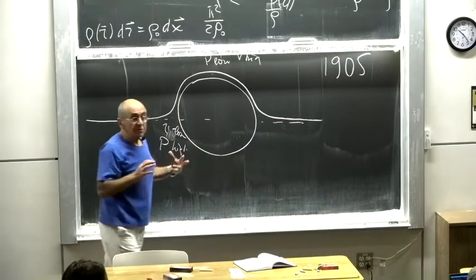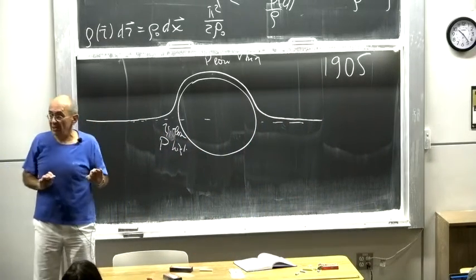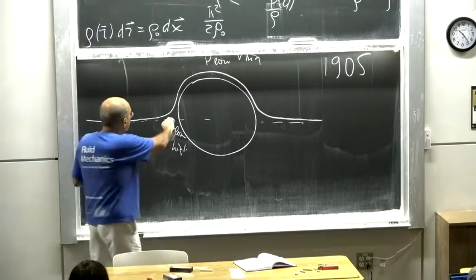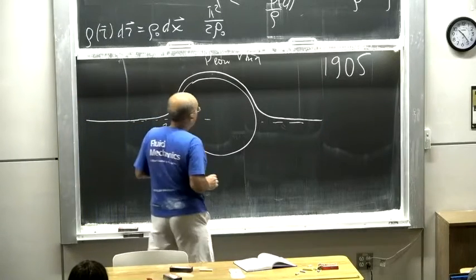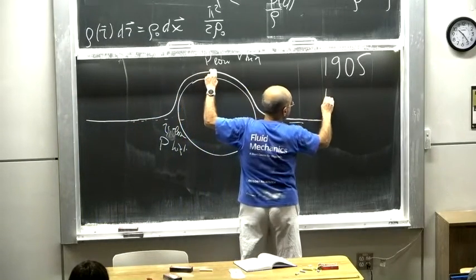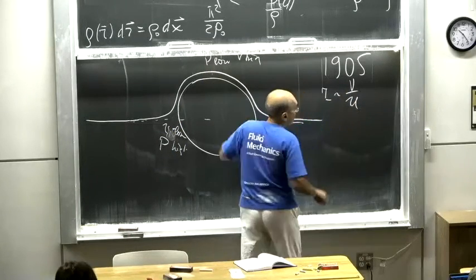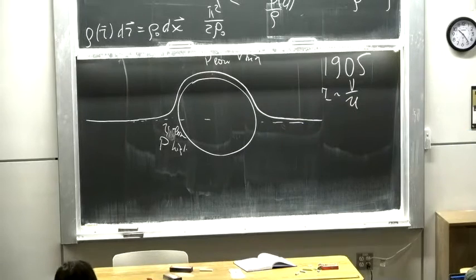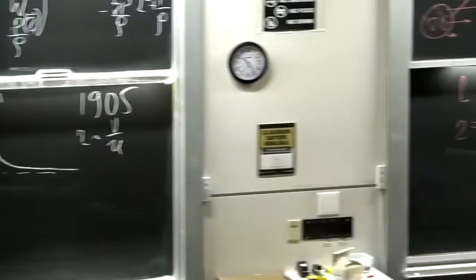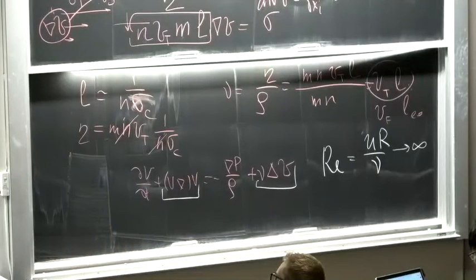So what viscosity does, even when tiny, it is a very tiny boundary layer. You can always estimate its size by this relation. You know, it's always the scale, and U and nu come together. So this is the width of the boundary layer. When nu goes to zero, it goes to zero.